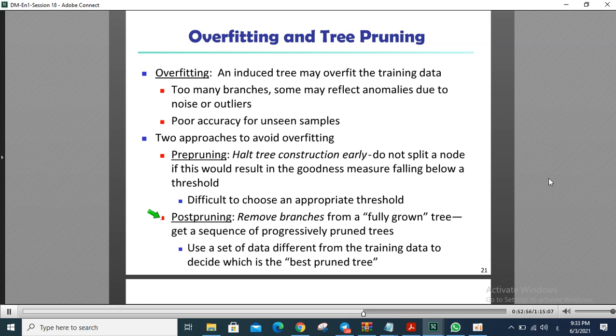In the post-pruning, firstly, I'm creating the tree completely. Then after finishing the tree creation process, I'm starting to remove some branches, to prune some branches in the tree.